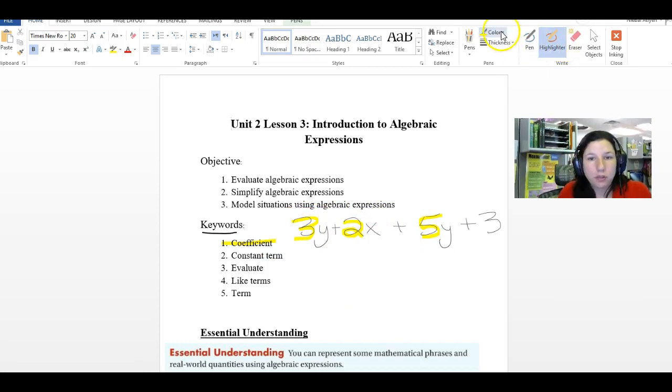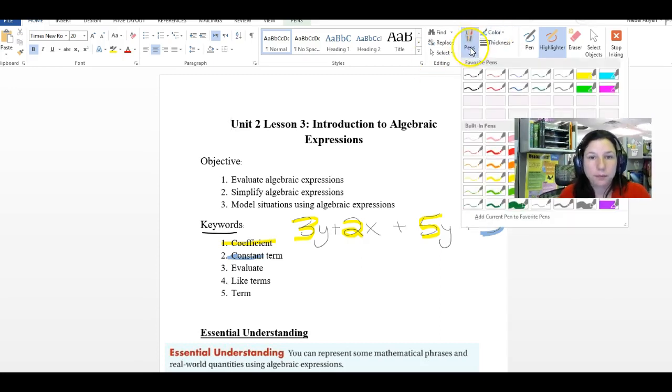All right, constant term. Your constant terms are going to be your numbers. When they say that something's a constant, it means it doesn't change. So our only constant here is going to be this number that's all alone by itself. Let me add that note.